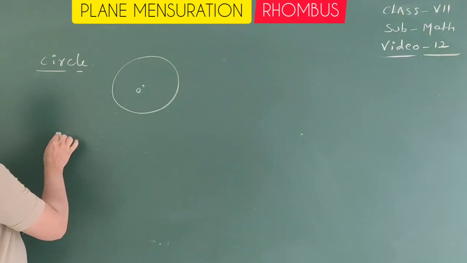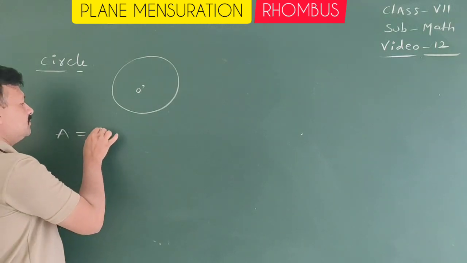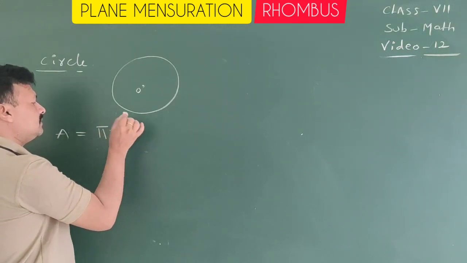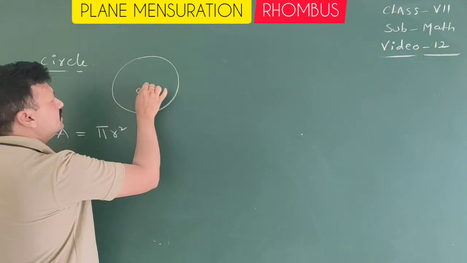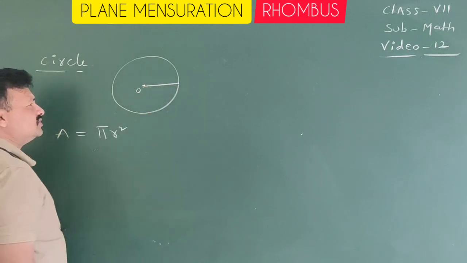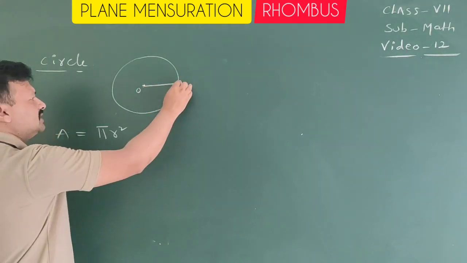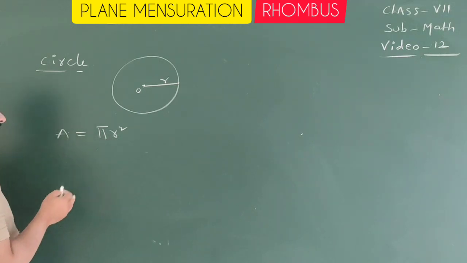Now, area of a circle is pi r square. What is r? The line segment joining the center of the circle to any point on the circle is its radius. So, pi r square is its area.